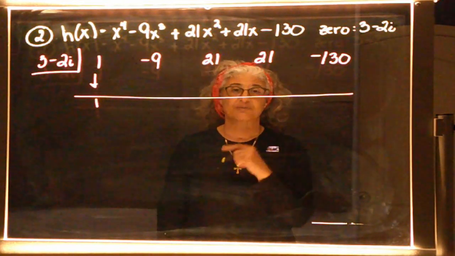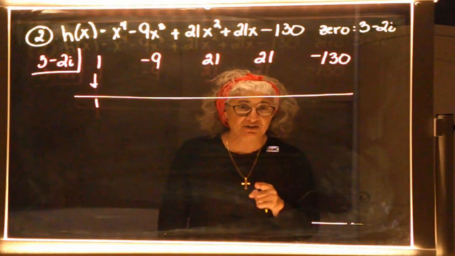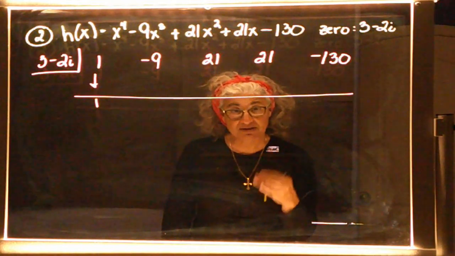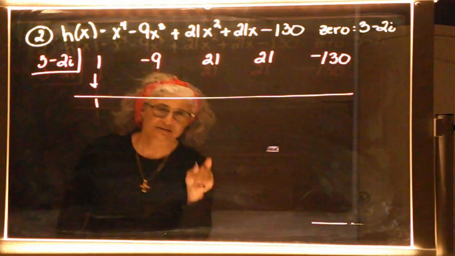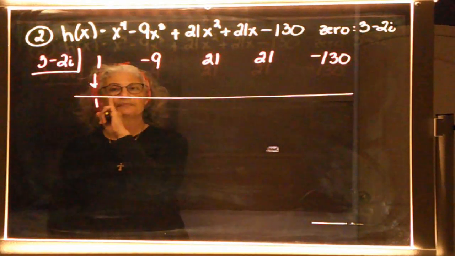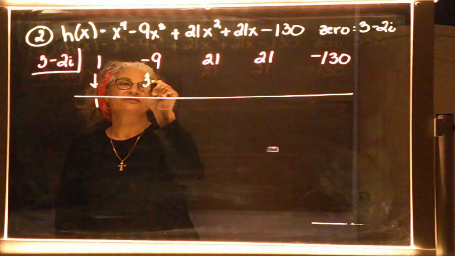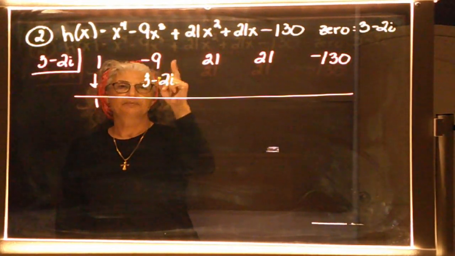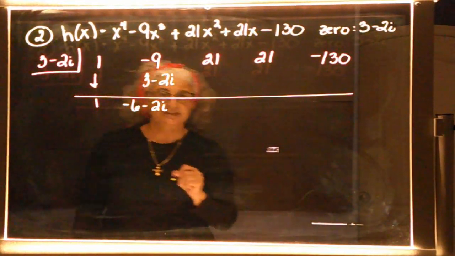Okay, time to start multiplying. So 1 times 3 minus 2i is 3 minus 2i. I combine these guys together, I'll get a -6 minus 2i, correct?